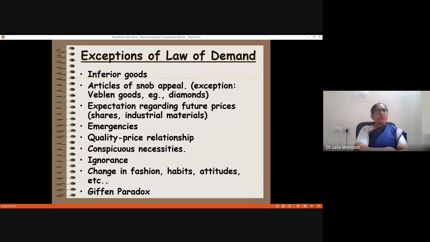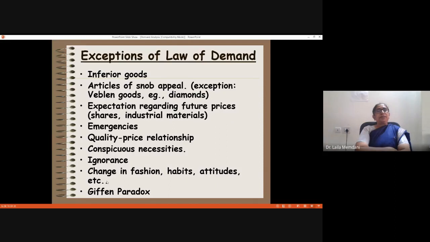Now, the price of a diamond may be 1 lakh or maybe 10 lakhs, depending on the type of diamond you are buying. If there is a price rise by 1000 or 5000, it doesn't affect the demand of those who are buying such goods. They are for show off, and therefore the higher the price, the more it satisfies their demand, because their demand is to show off.